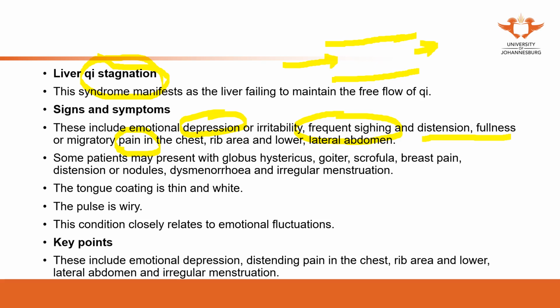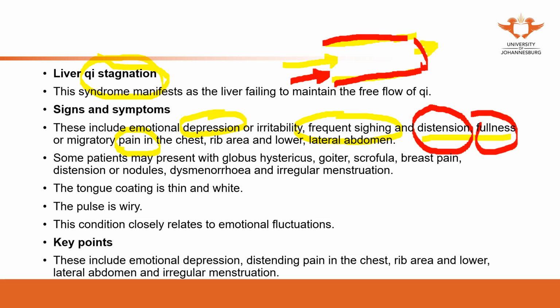But now, because of the stagnation, something is blocked. Qi still goes in, so after a while the wall of this container, this pathway, will have more pressure. That's why it presents as distension or fullness.